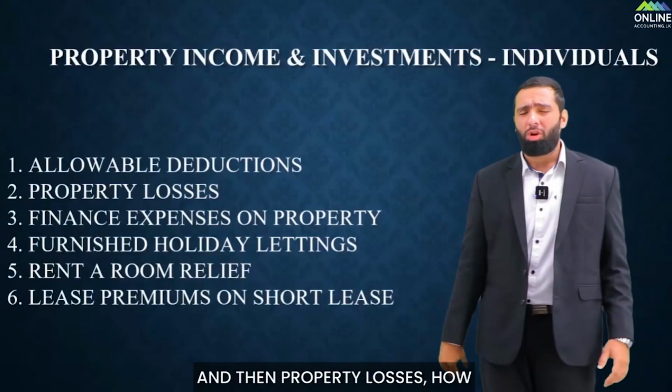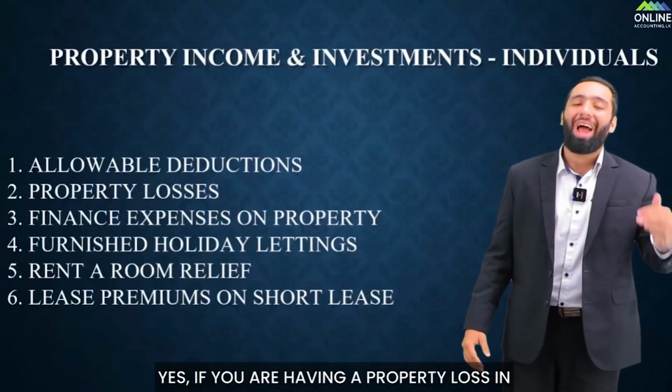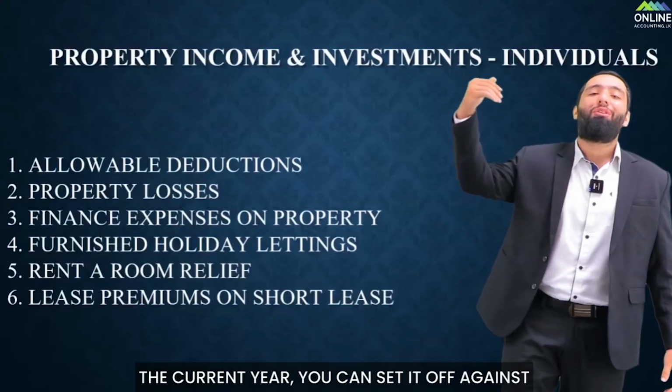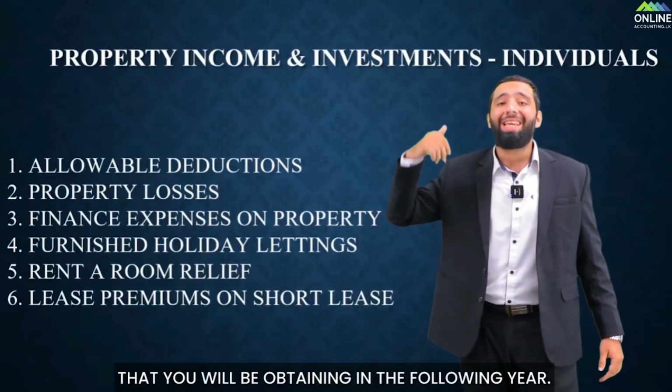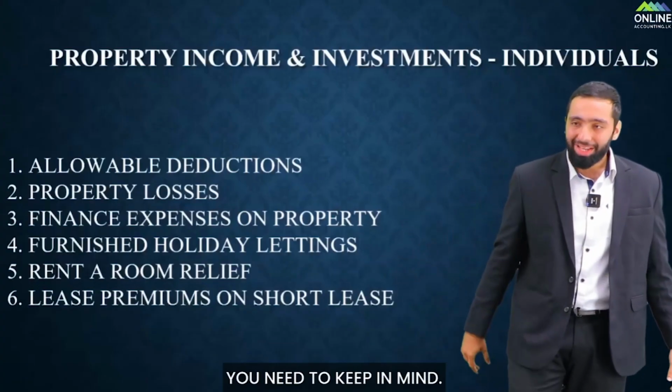And then property losses. How to deal with property losses? Yes, if you have a property loss in the current year, you can set it off against the property income that you will obtain in the following year. So these are the small concepts that you need to keep in mind.